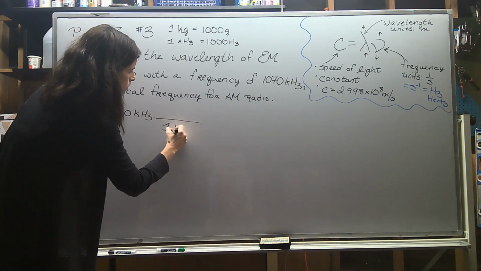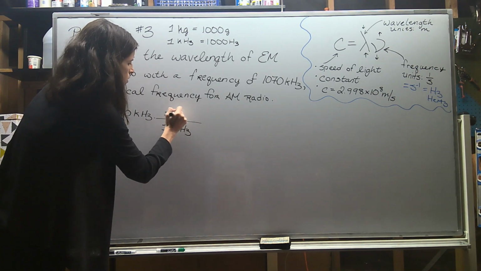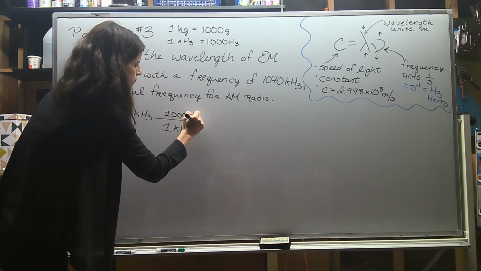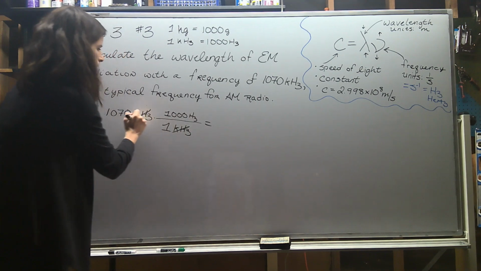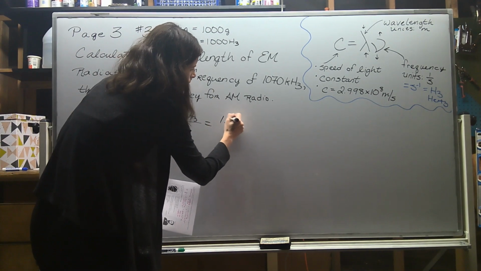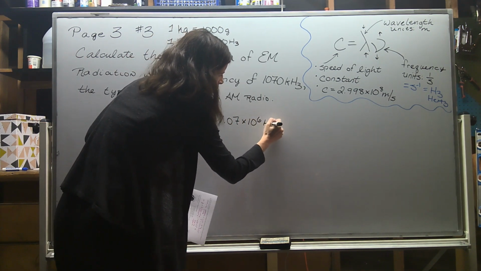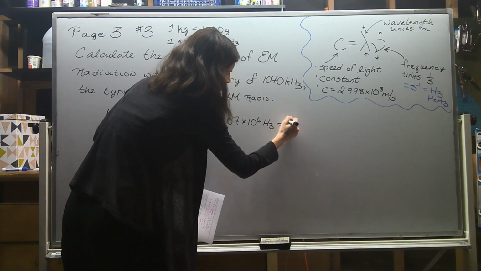So 1 kilohertz equals 1,000 hertz. I'm going to multiply those. I got 1.07 times 10 to the 6th hertz, which is my frequency.